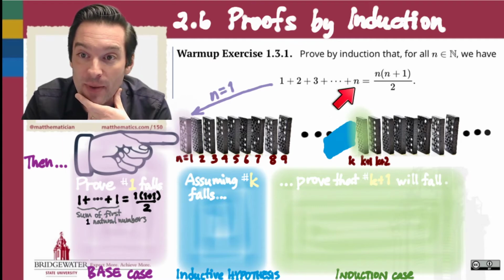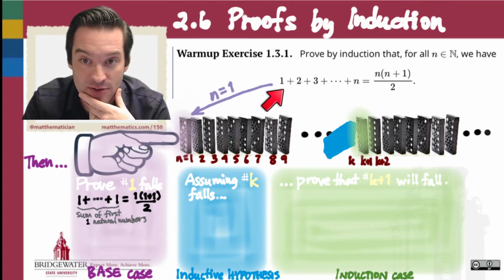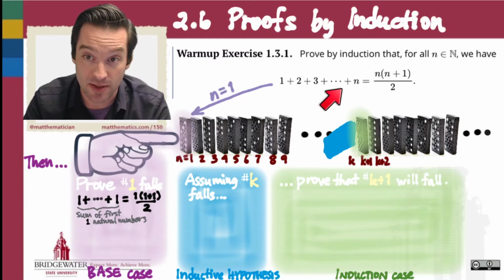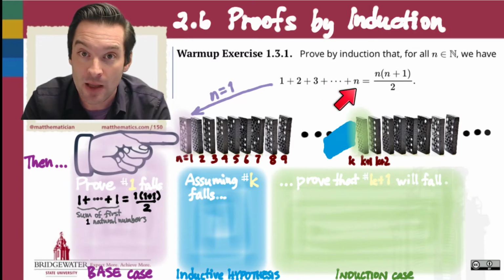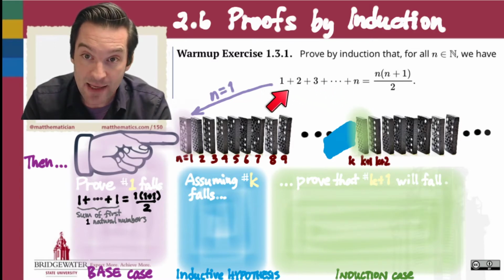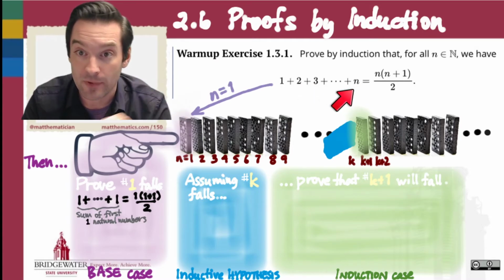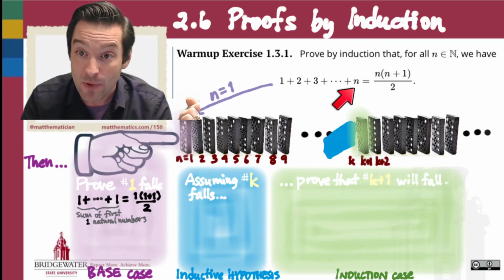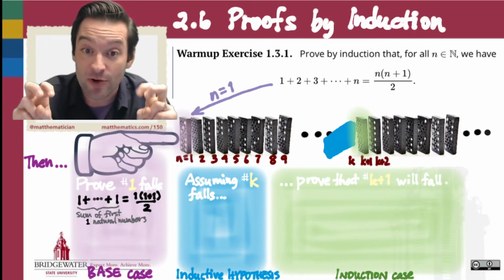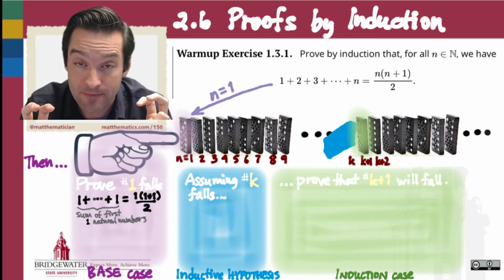I think very often a better way to think about a statement like this is just to ask yourself in words, well, what's being done over here on the left-hand side? I would say what's being done is we're adding up the first n natural numbers, starting from 1. And so if I choose n to itself be 1, we are adding up the first 1 natural numbers. How many natural numbers are we adding together?